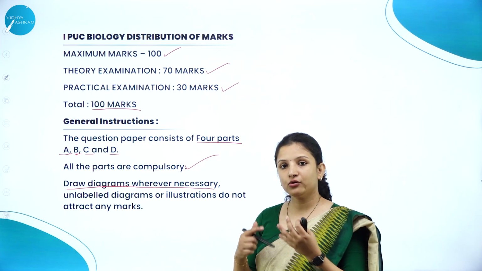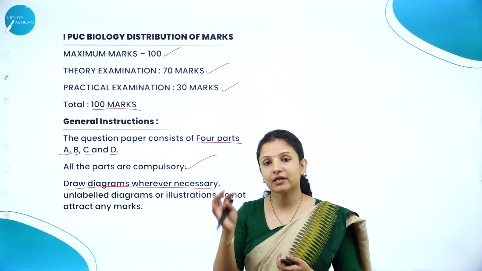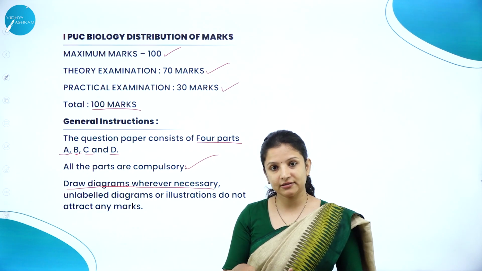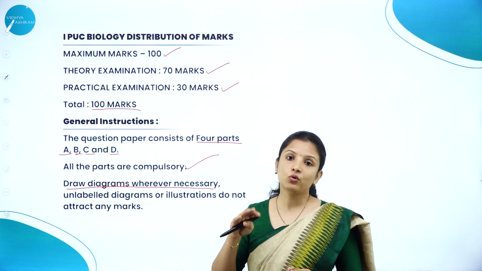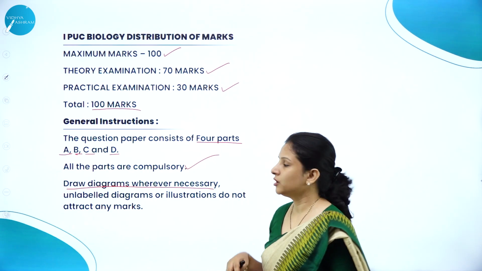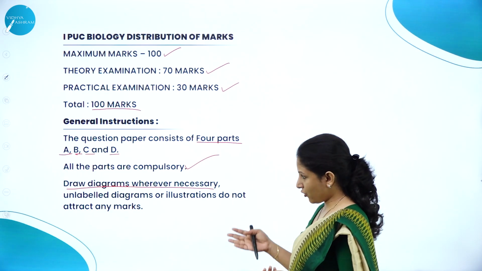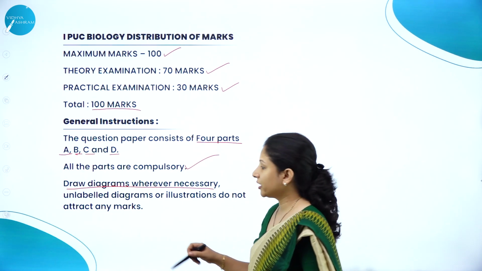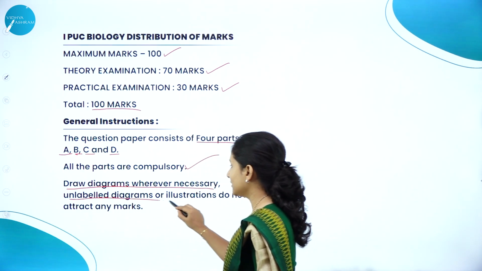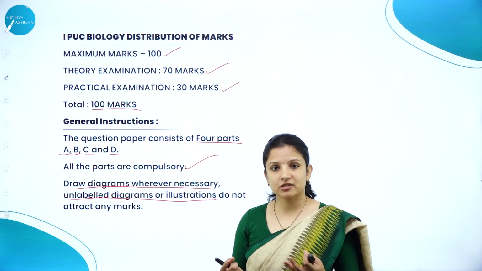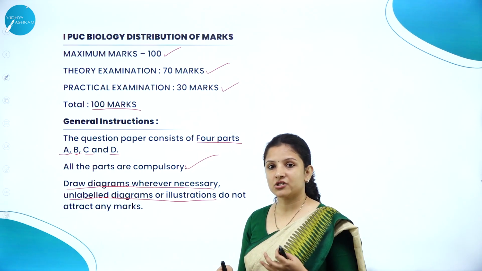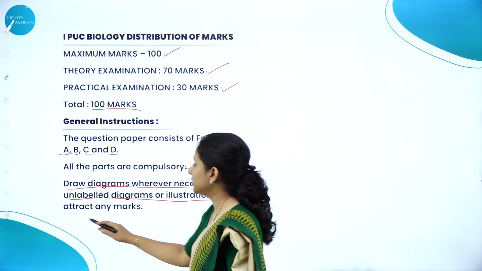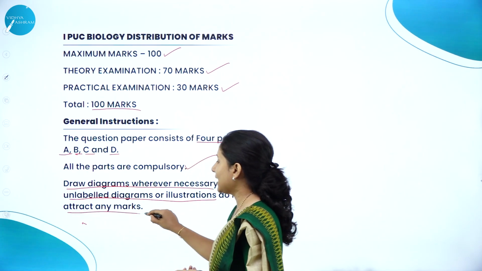So you have to think by yourself about where diagrams are necessary and where they are not, based on the marks, even though they don't ask you directly to draw a diagram. So wherever diagrams are necessary, draw them, and labeling the diagram is very, very important, because if unlabeled diagrams or illustrations or any schematic representations are there and you don't label them properly, it will not fetch you any marks.